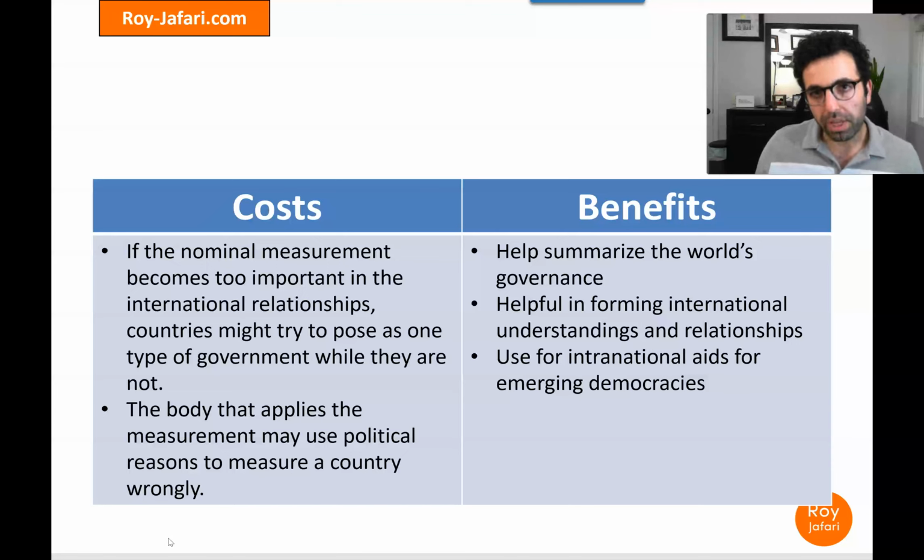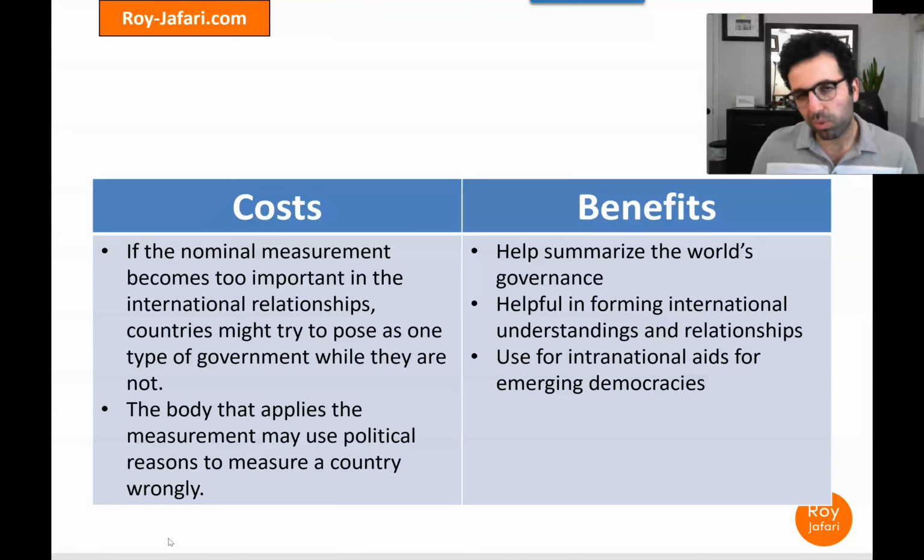Or it could be the case that if this metric becomes too important, the country in charge of regulating, observing, or measuring other countries using this metric might measure a country by mistake, or measure a country wrongly and intentionally, for their own political reasons.